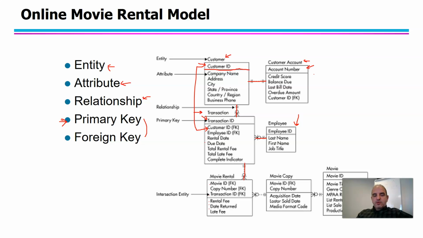Then it is called a foreign key. And generally, in this notation, foreign keys are represented by the characters FK just after the attribute name. So anyone who looks at the table can easily understand that this is a foreign key. So these are the main key concepts of an entity relationship diagram.